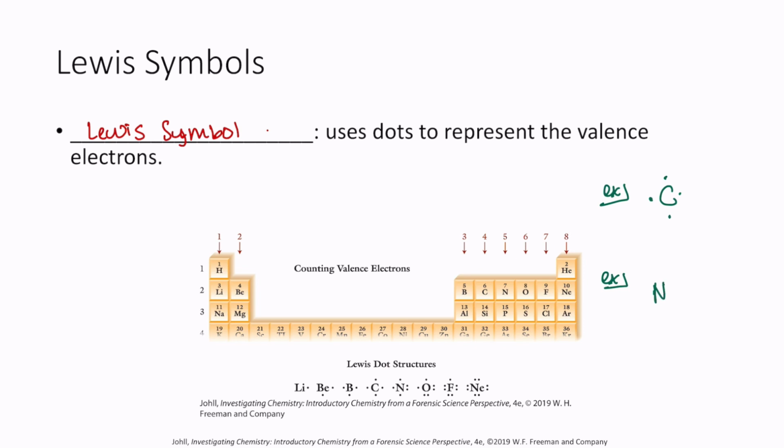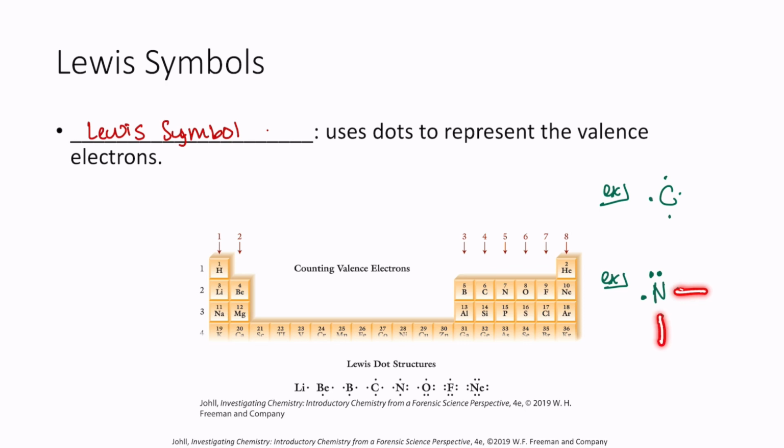Let's also look at nitrogen, and I'll show you exactly what I mean. With nitrogen, I have 5 valence electrons. So I'm going to start by putting 1 electron on each side, and then I'm going to start doubling up. When I double up, these electrons are in a pair. They're fine. They don't need to go find another one.